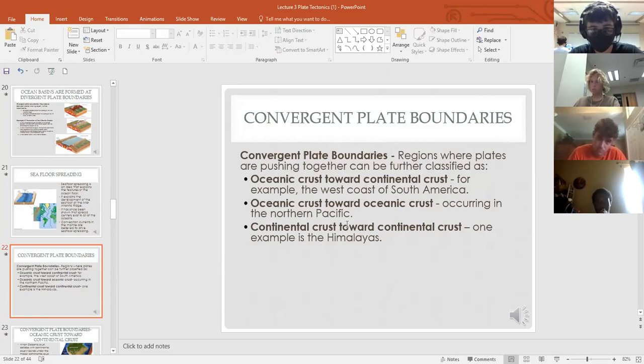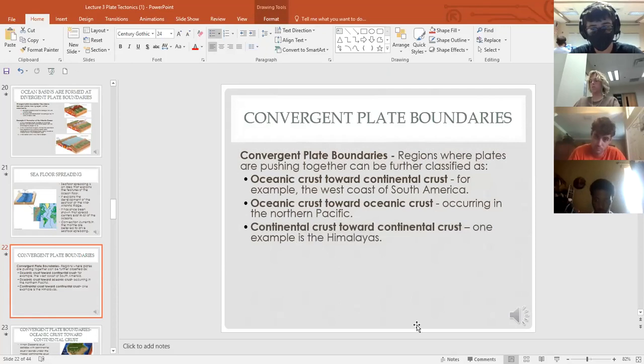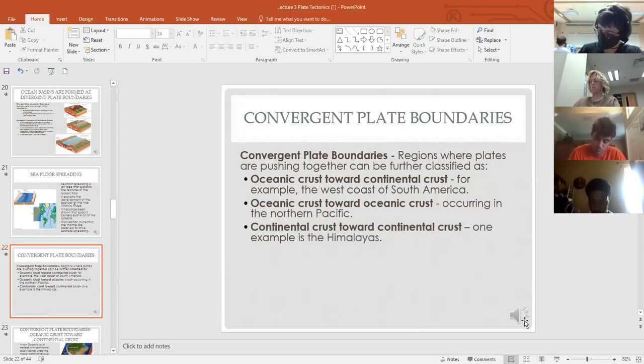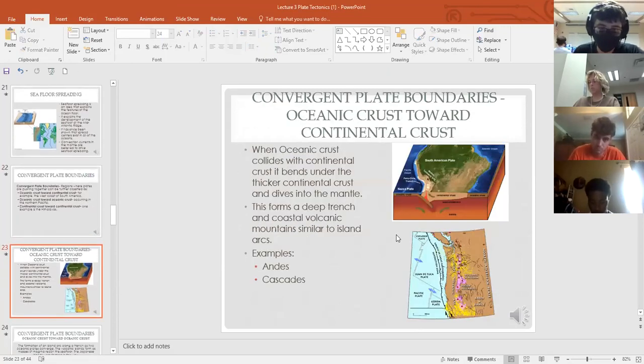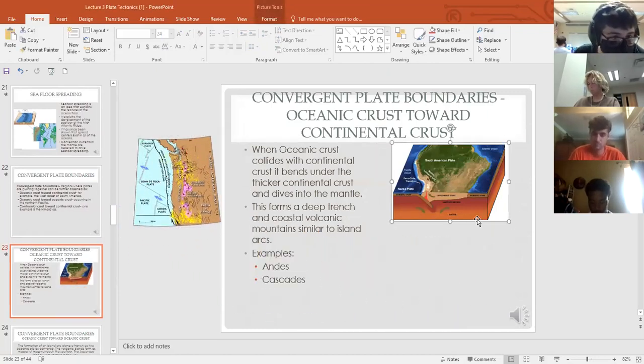You can have oceanic crust colliding with oceanic crust, or you can have continental crust colliding with continental crust. And this really is the Himalayas. We looked at that. That's where Everest is. Let's take a look at these scenarios. I will enlarge this one first.